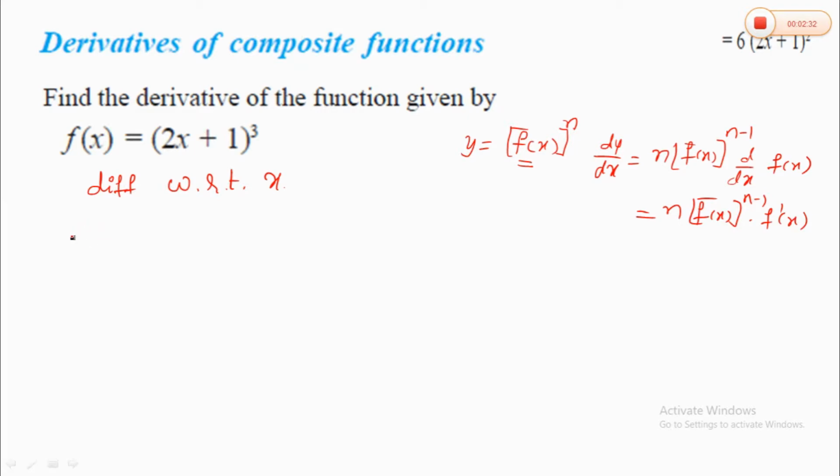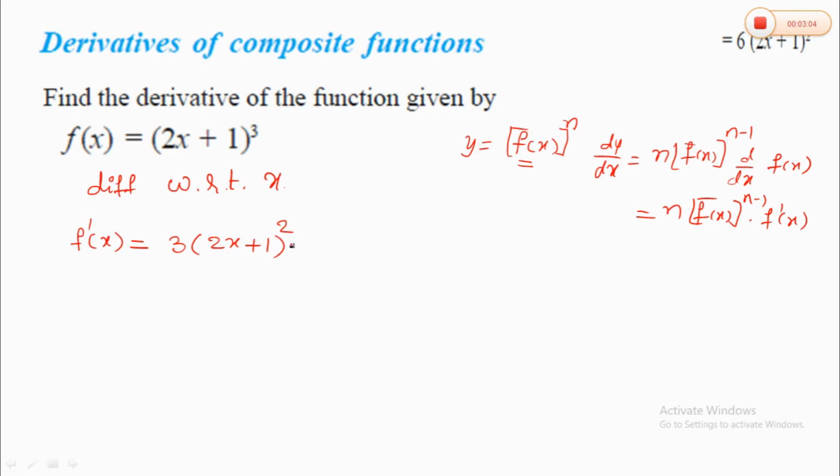So the derivative is n x^(n-1). Therefore, 3 (2x + 1), 3 minus 1 means 2. So n (f(x))^(n-1).